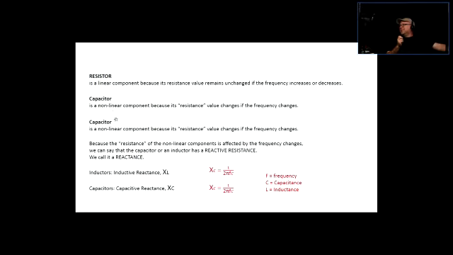Because the resistance of the nonlinear components is affected by frequency changes, we can say that the capacitor or inductor has a reactive resistance. We call it a reactance. Inductors, inductive reactance XL; capacitors, capacitive reactance XC. Here are the formulas that we just talked about.